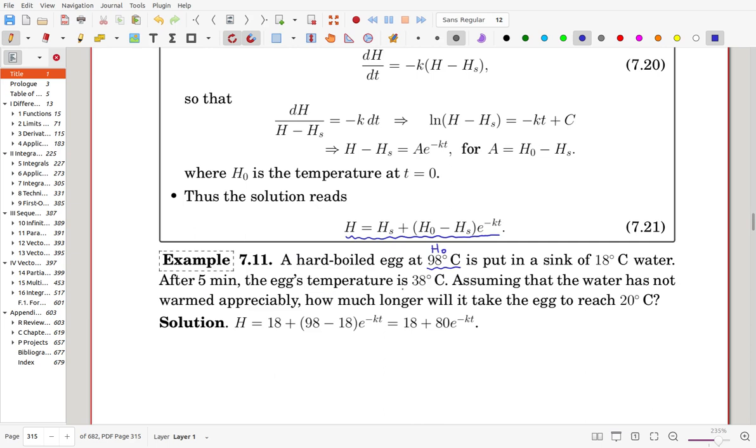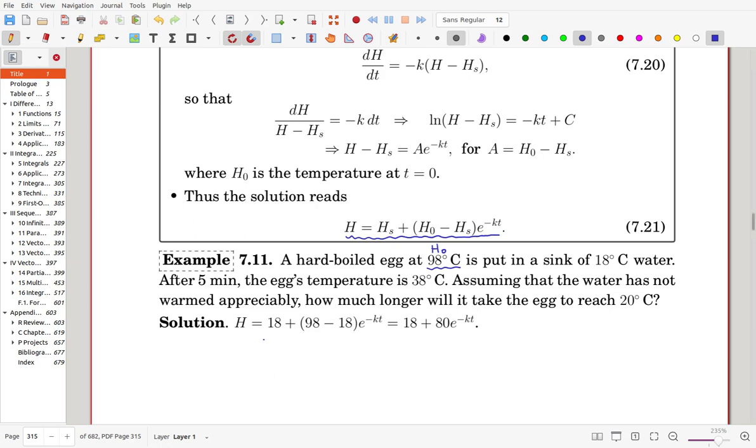This is the data information. Assuming that the water has not warmed appreciably, that means considerably, so the surrounding temperature is not changing by an observable amount, how much longer will it take the egg to reach 20 degrees Celsius?